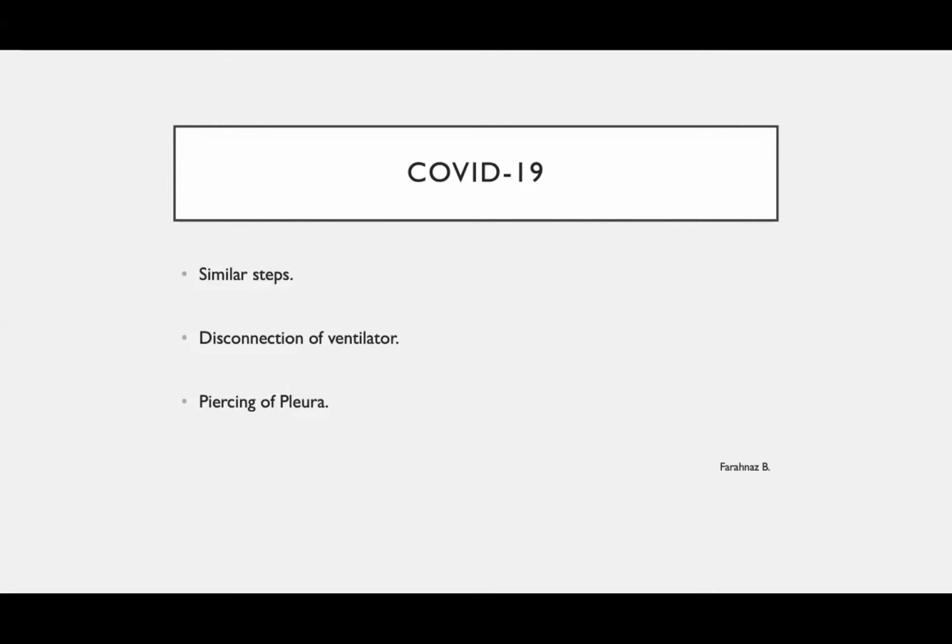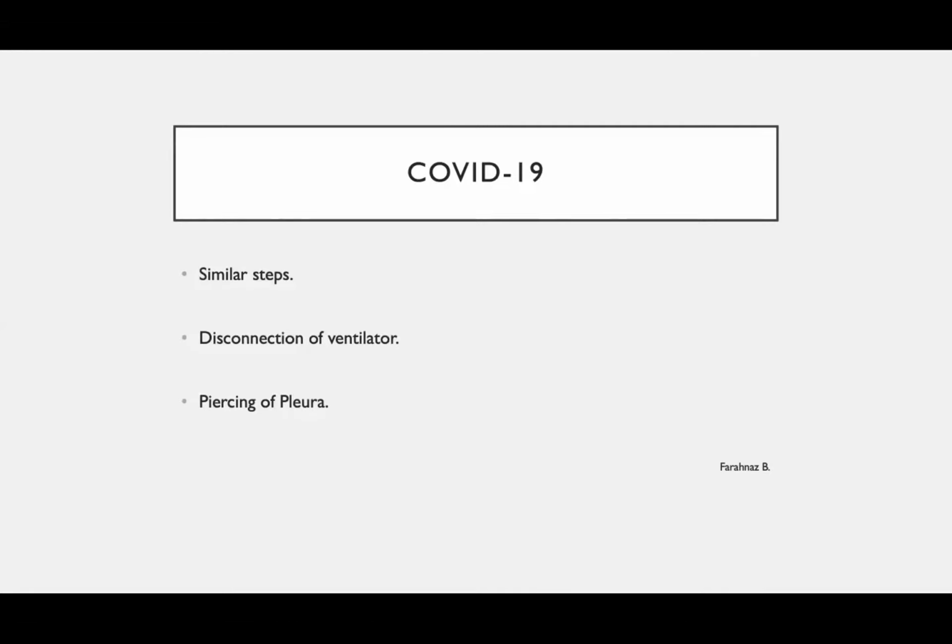It was actually posted on LinkedIn. The idea is to protect healthcare professionals during chest tube placement from any exposure or contamination from the pleural contents.